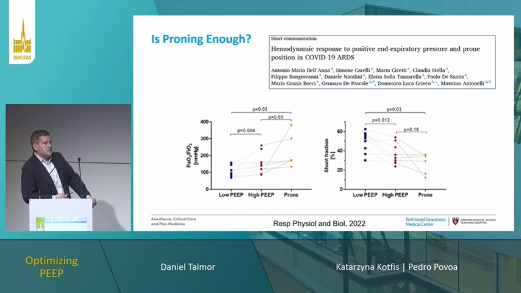And that's probably due to that better VQ matching due to better distribution of ventilation during prone positioning. And you can see here also improvement in shunt fraction during proning that you don't see at high PEEP.